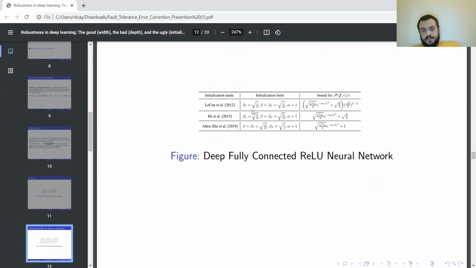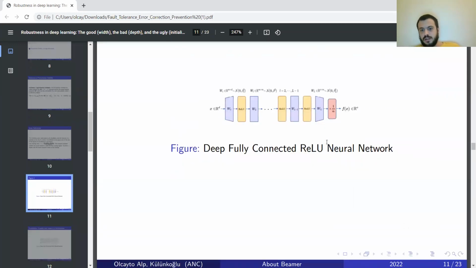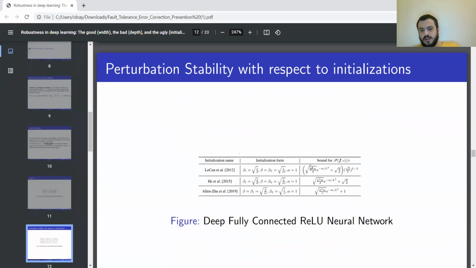It is when the variance for the first layer, the weight distribution is 1 over D, and for other layers is 1 over M, where M is the width, and the scaling factor alpha, called the scaling vector here, is 1.